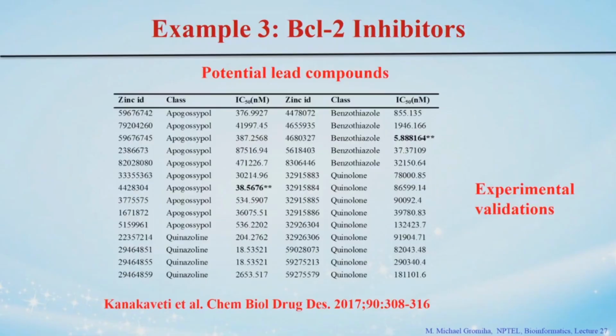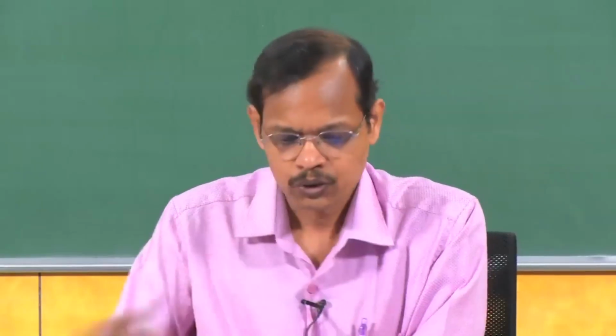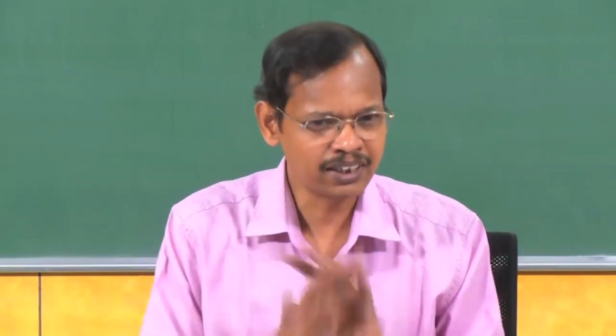So now we can predict on ZINC. How many compounds are in the ZINC database? Around 35 million, 40 million. There are various databases with various numbers of compounds. For each family or each core, we can get the compounds in the ZINC database or any other database.